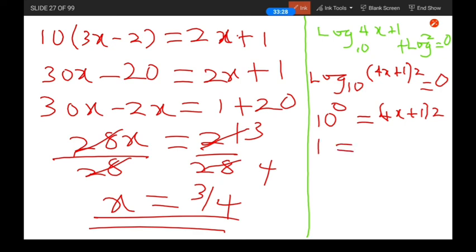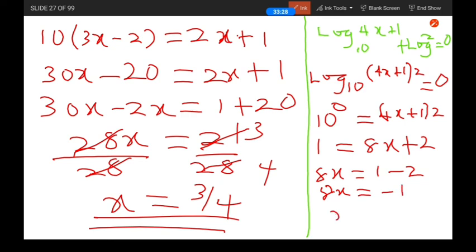If you open the bracket, we have 8x plus 2. So that becomes 8x equals 1 minus 2. So 8x is now equal to minus 1. x equals minus 1 over 8. Yeah. So let's move on.